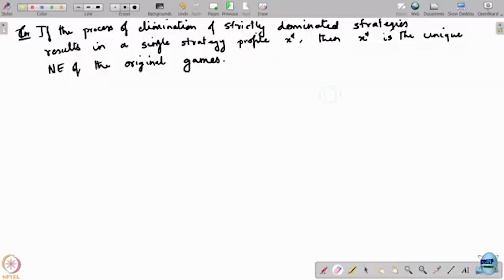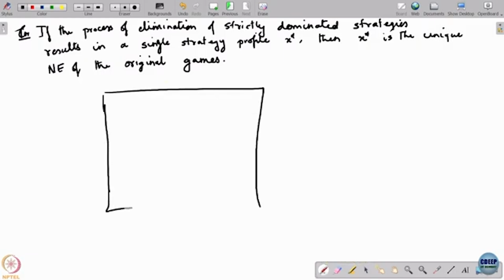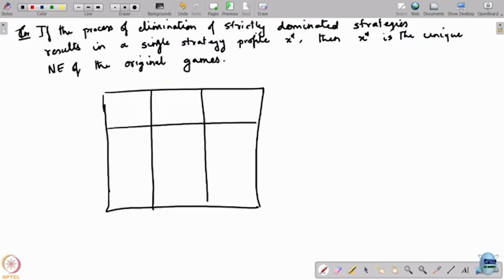Yeah. So, I have another example. Player 2, Player 1, top, middle, bottom. So, this is the game. Player 1 has 3 strategies, top, middle and bottom.